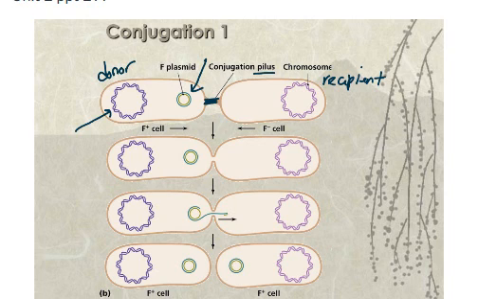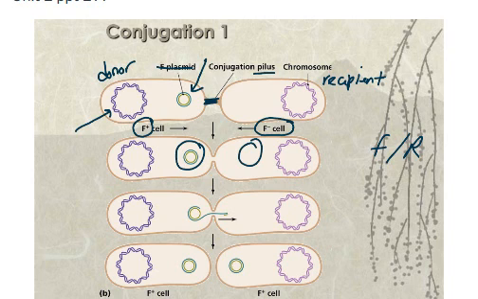So what happens, if you take a look, this one is known as F positive. So if I asked you what type of plasmid this was, even if this wasn't written, you would know that it's an F plasmid, because remember, we are only going to deal with F and R. F is for fertility, R is for resistance. So this is F positive. That means it contains that F plasmid. This recipient is F minus, which means it doesn't contain that particular F plasmid.